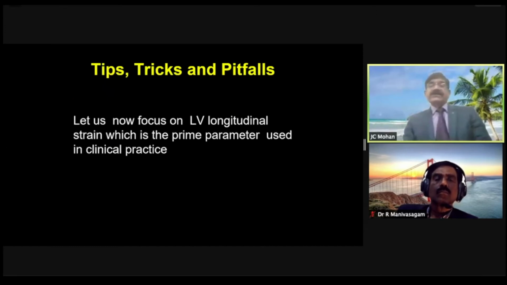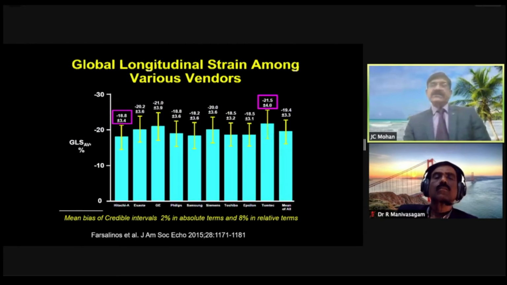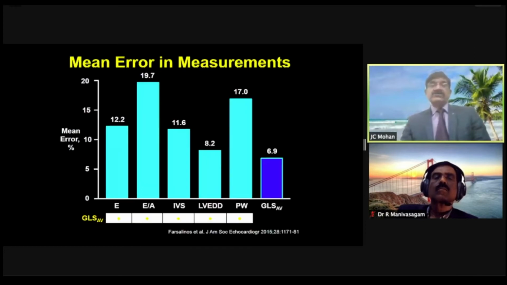So, tips, tricks, and pitfalls. Let us now focus on LV longitudinal strain, which is the prime parameter used in clinical practice. Most vendors have almost standardized the machines, so the difference is not more than 2% in relative terms and less than 10% in absolute terms with regard to global longitudinal strain.